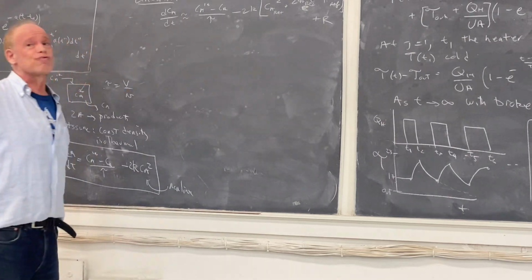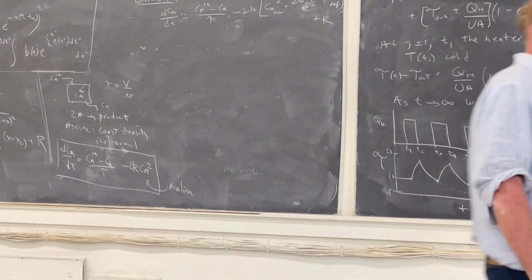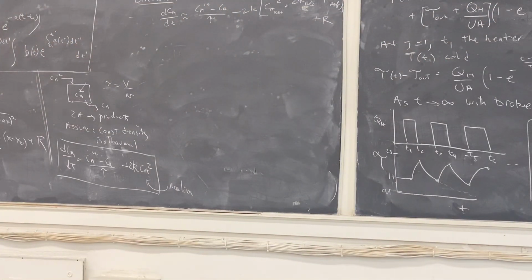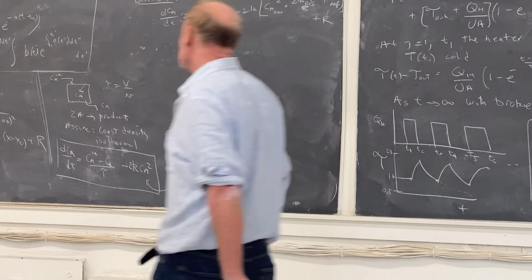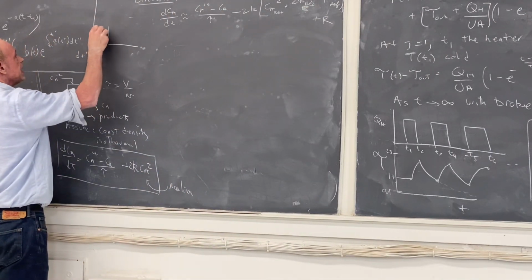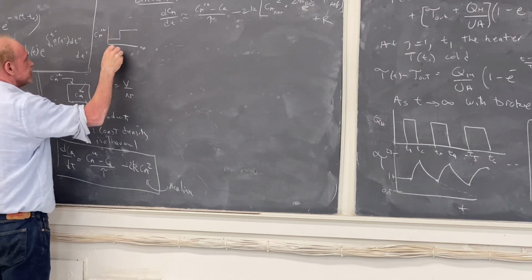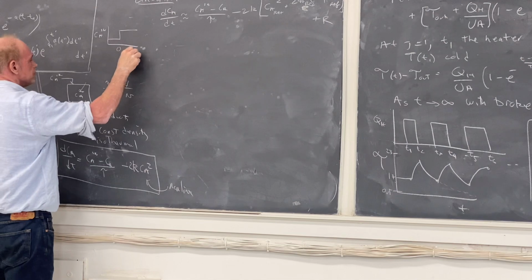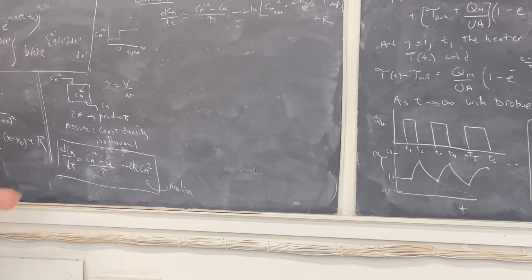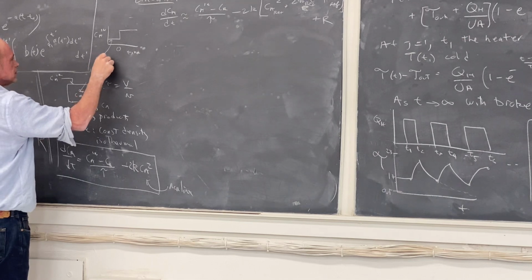Now let's just write out what happened before t is equal to 0. I think I want to include a step change in the input. So let's assume that my input CA in goes through a step change at t equals 0. And for t less than 0, the system was in steady state.